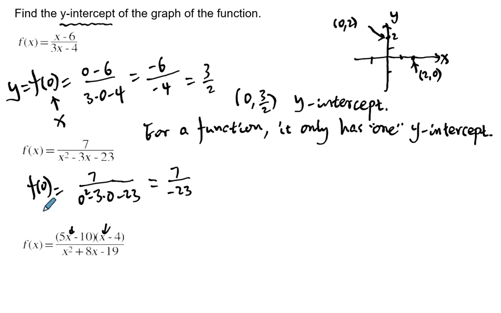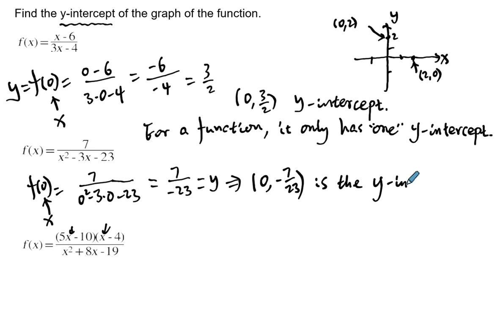So you plug in 0 for x, you have a y which is negative 7 over 23. And then you shall have (0, negative 7 over 23) is the y-intercept.